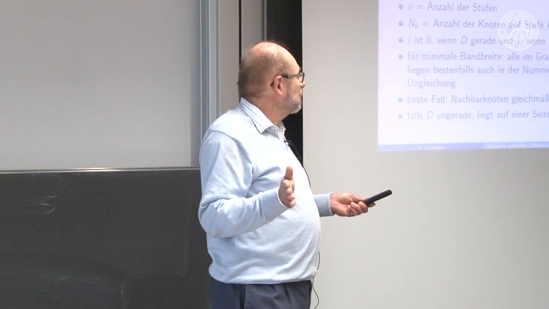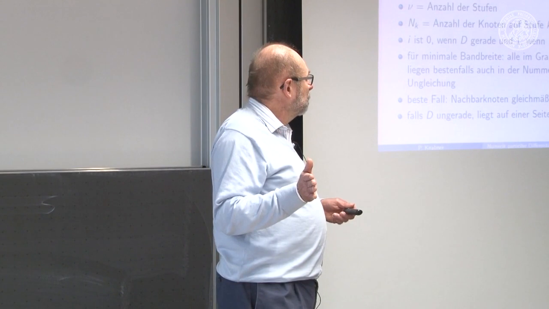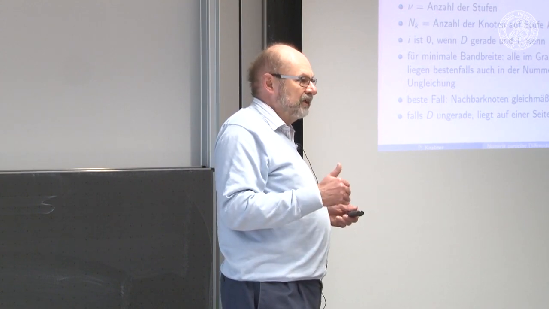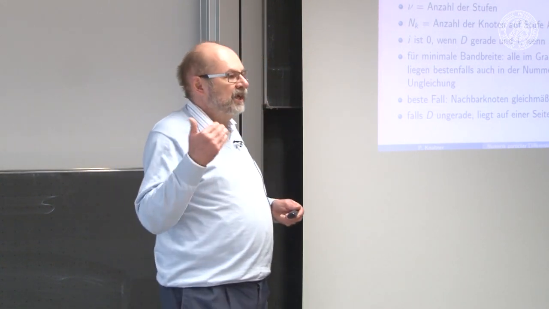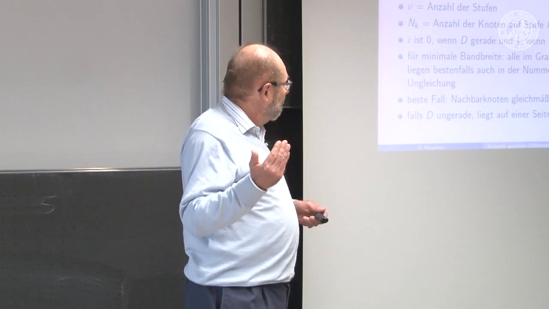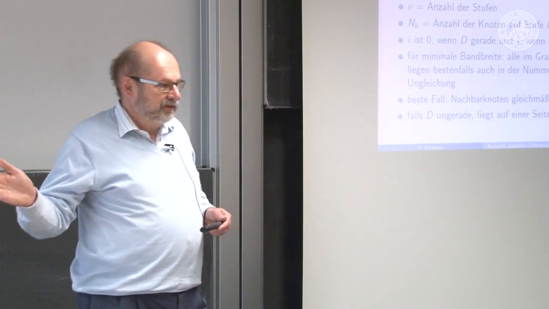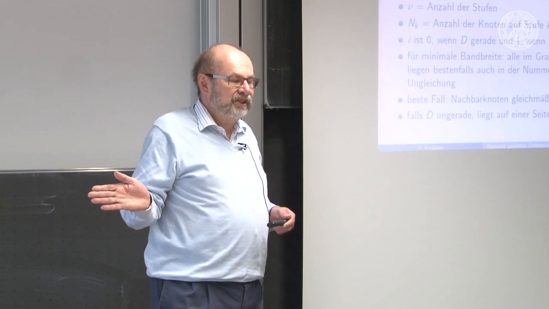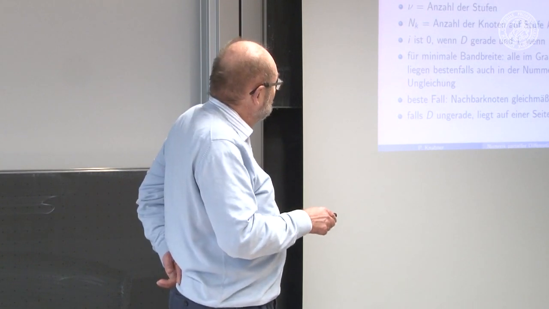The worst situation which can happen is that a node on level k minus 1, which is numbered very early, say as the first node of level k minus 1, is in a neighborhood relation to a node on level k, which is numbered very late, that is at the last position. So we just have to see what is the distance between these two positions, and this is just this number here.